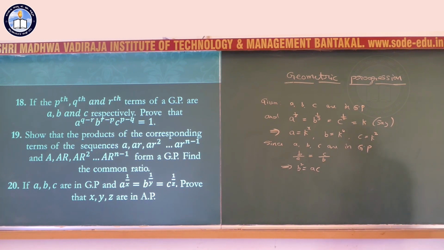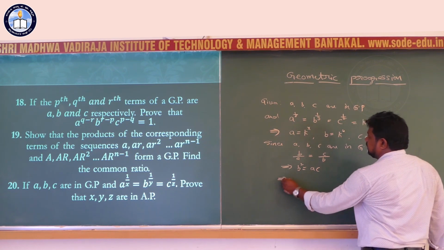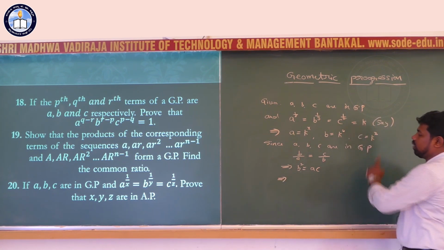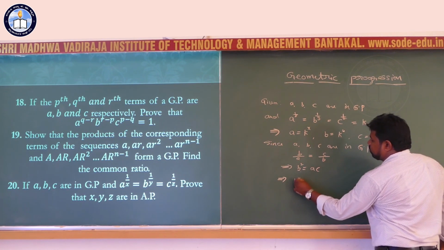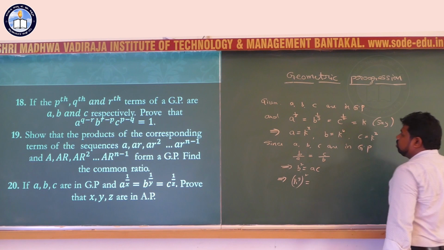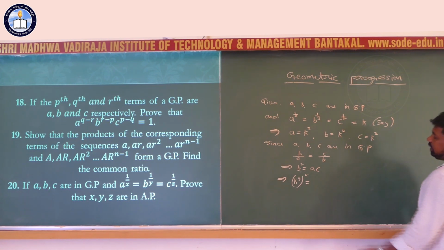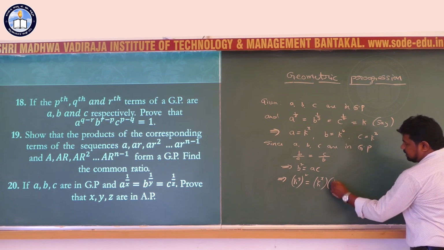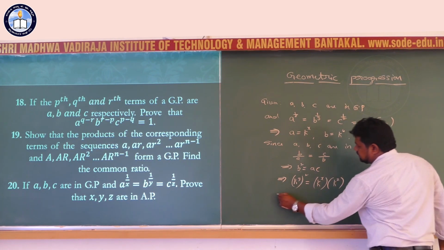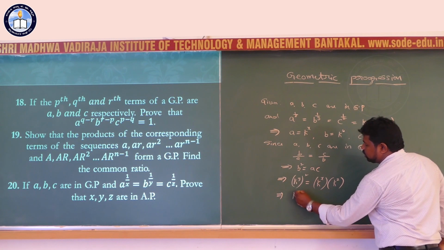Here B is k power y, so substituting, k power y square equals k power x into k power z, that is k power 2y.